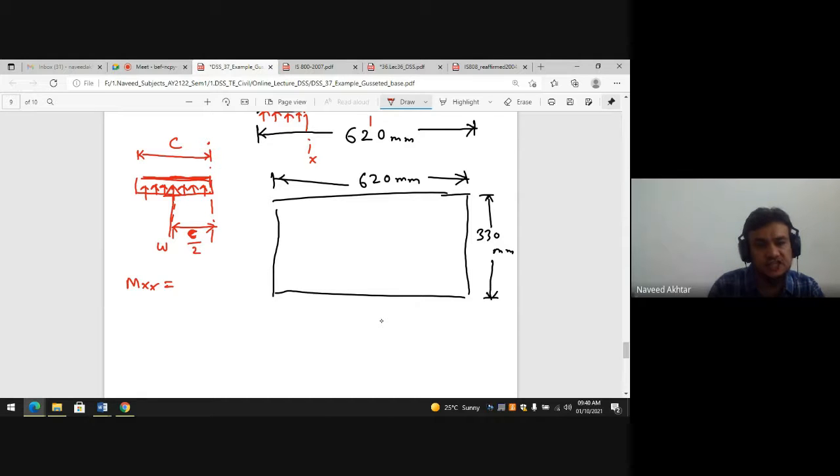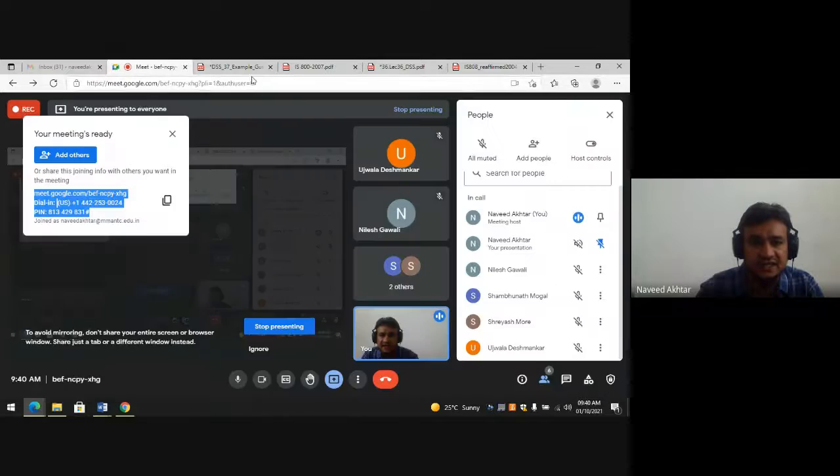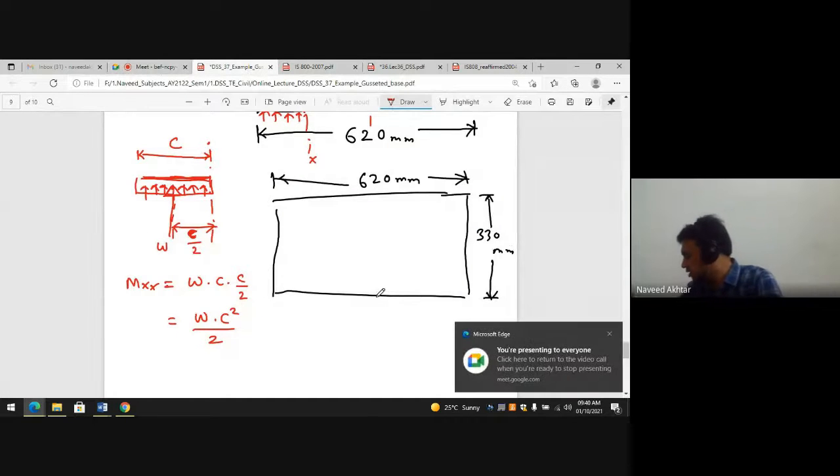So the moment is W into C into C by 2, which is WC square by 2, as in the case of a cantilever moment.